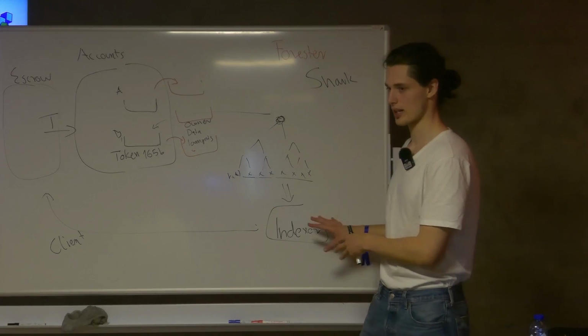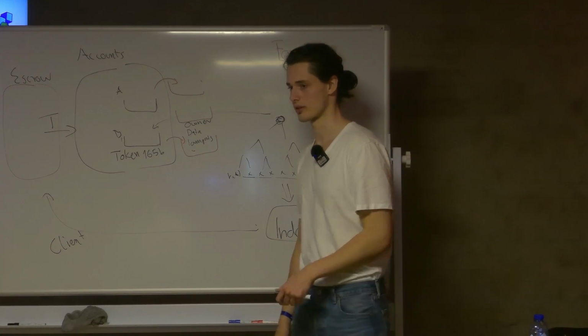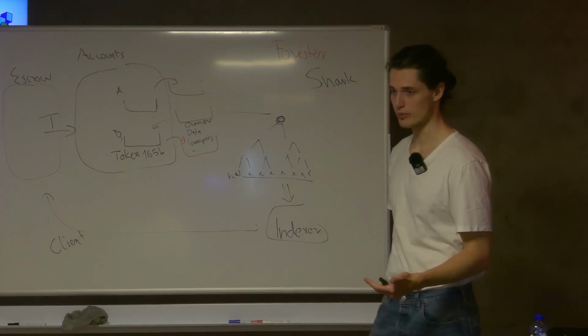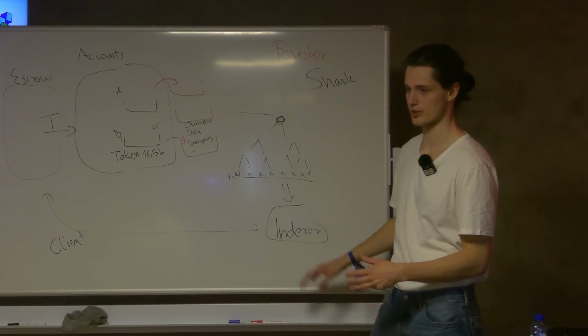So the indexer provides that. The indexer internally calls a prover, it's a SNARK prover server. I could also run my own prover, or have a separate provider for just the proving.